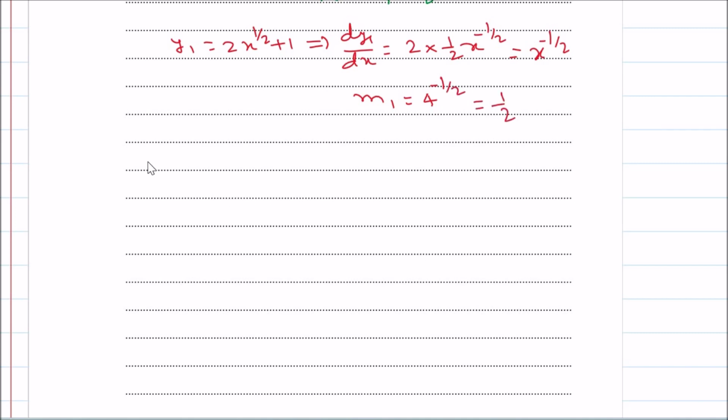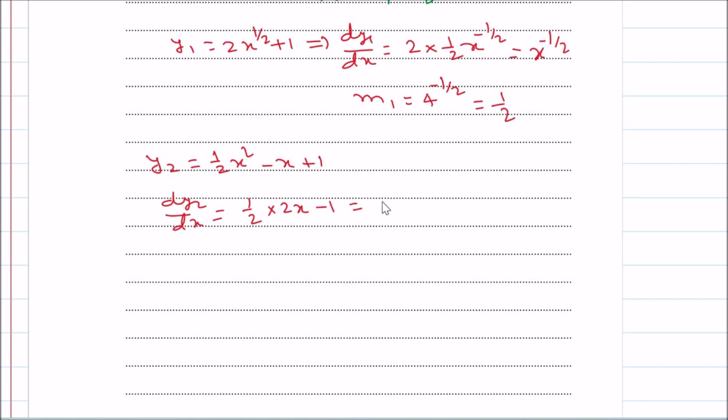Now let us take y2. y2 is half x square minus x plus 1. So dy2 by dx, we get half into 2x minus 1, and for plus 1 it becomes 0.